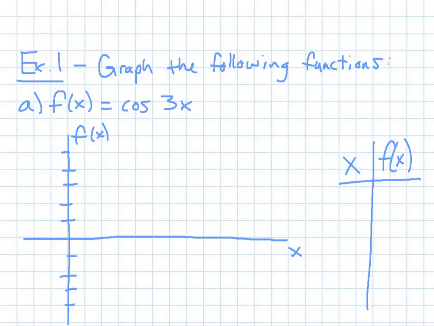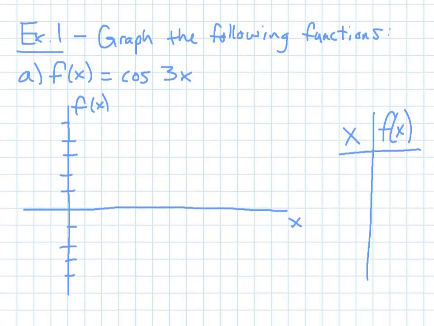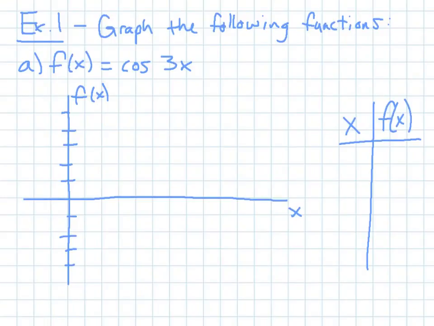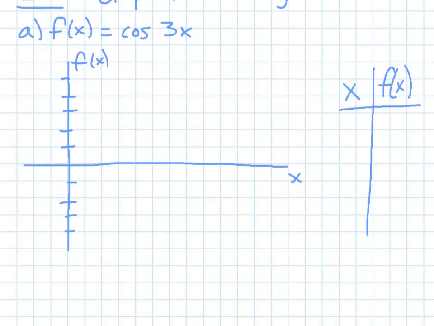So the next example that we have is cosine of 3x. So here is where my little trick comes in. The first thing is you have 2 pi over k. Now you need to recognize what your k value is, which looks like it would be 3 because it's the number multiplied by x.